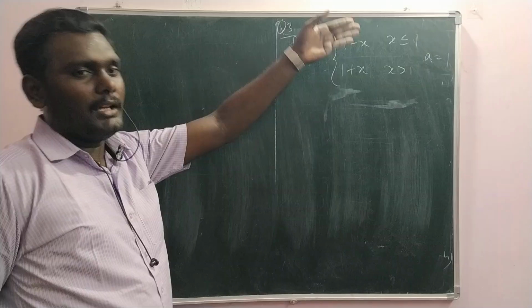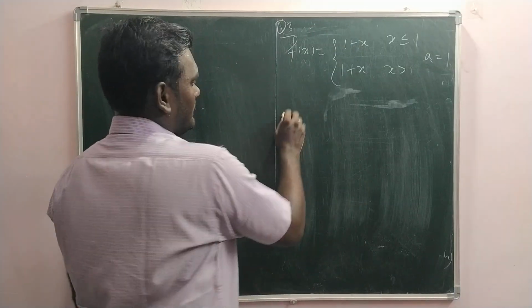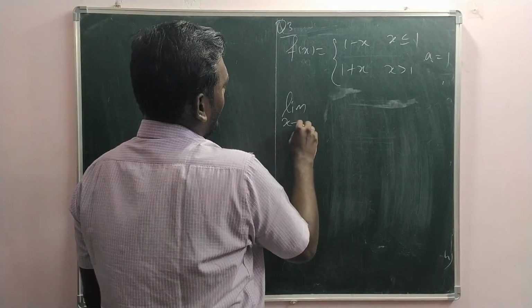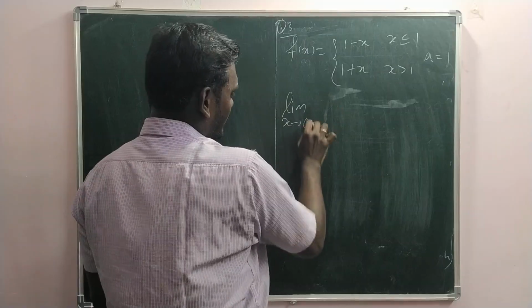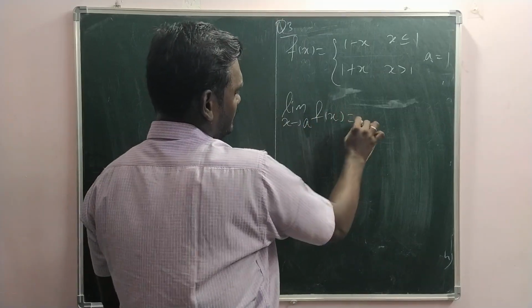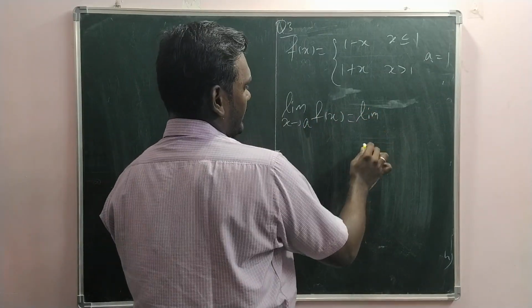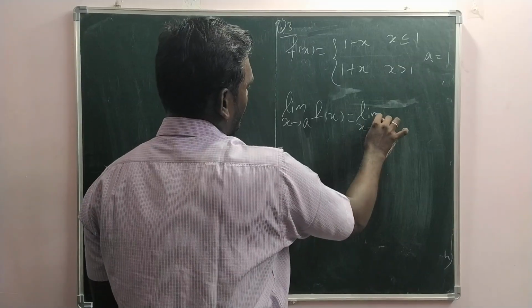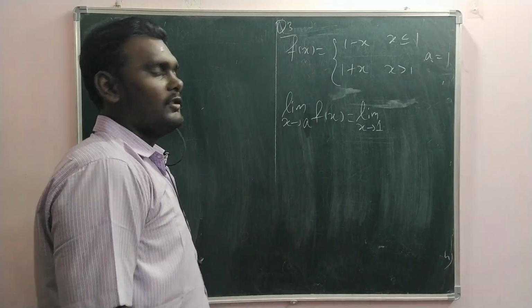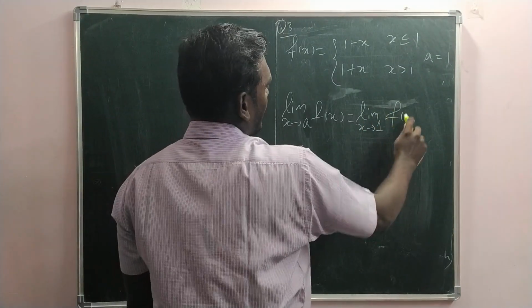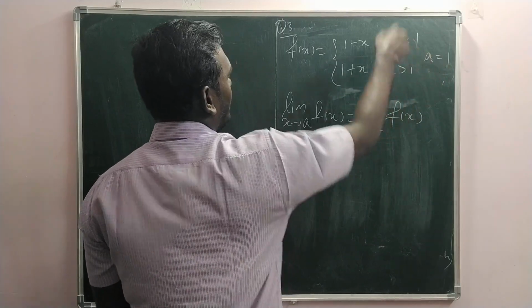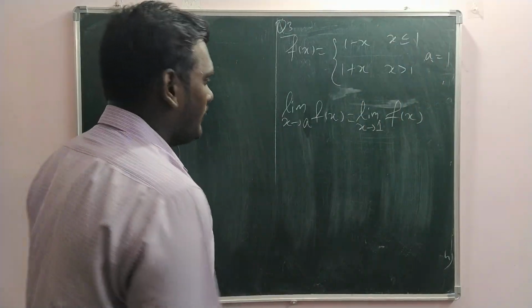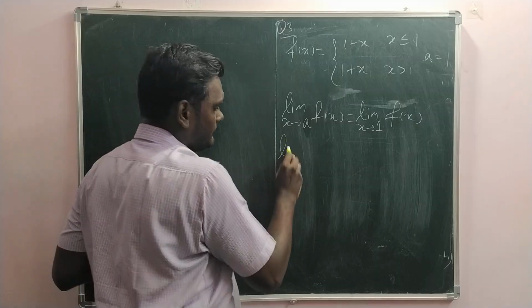See, a is the point where we have to check the limit. That limit x approaches to 1, limit x approaches to a, we will say right, by definition. So x approaches to 1, we should find. So when we approach 1, there are two values, less than 1 and greater than 1. So 1 plus and 1 minus we should find.